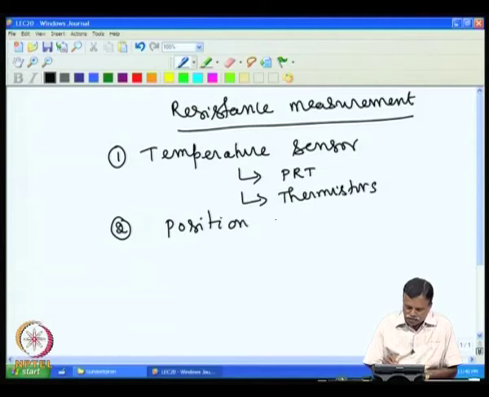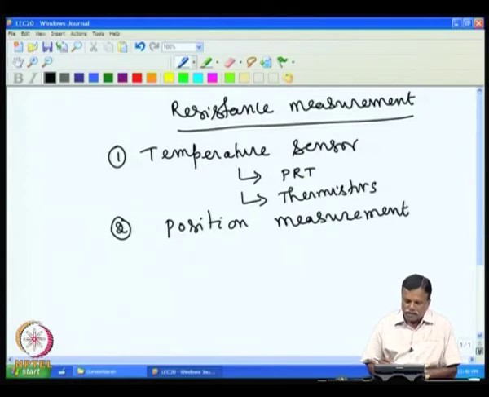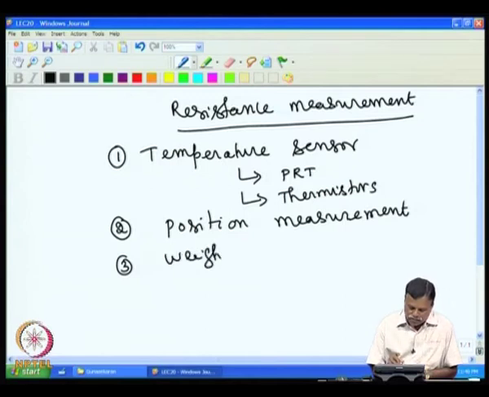Similarly, in position measurement we have resistance sensors. In weight measurement or in torque measurement, we use strain gauges.